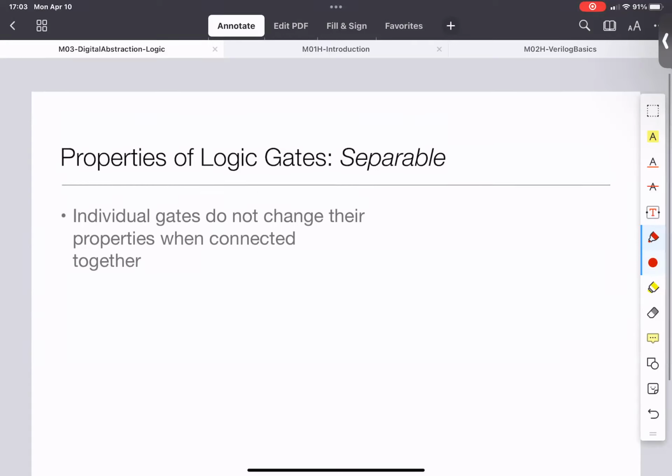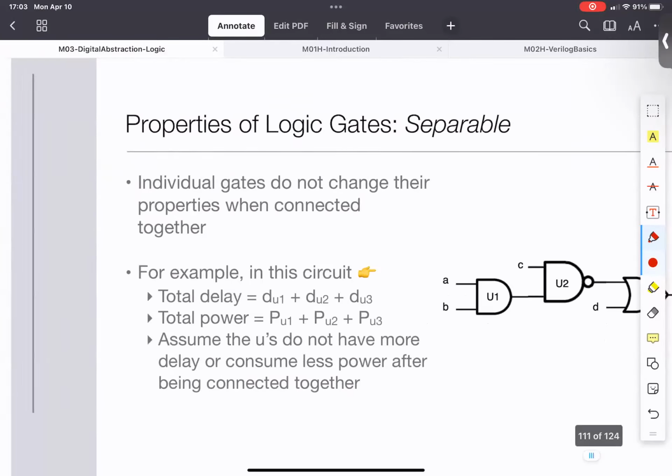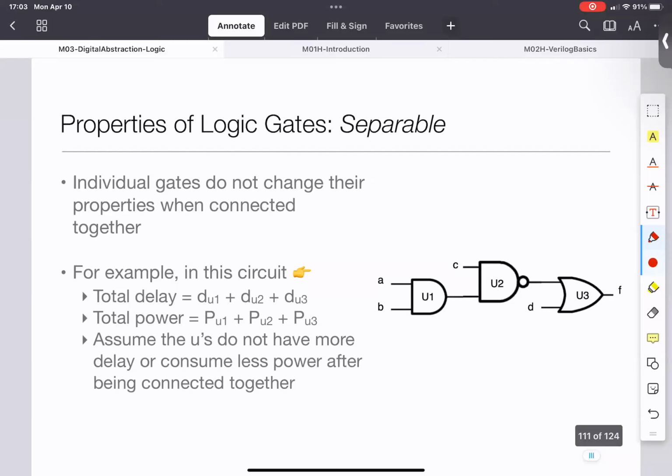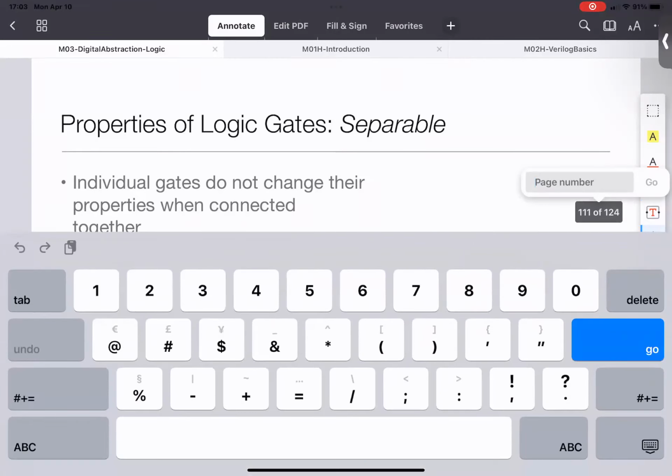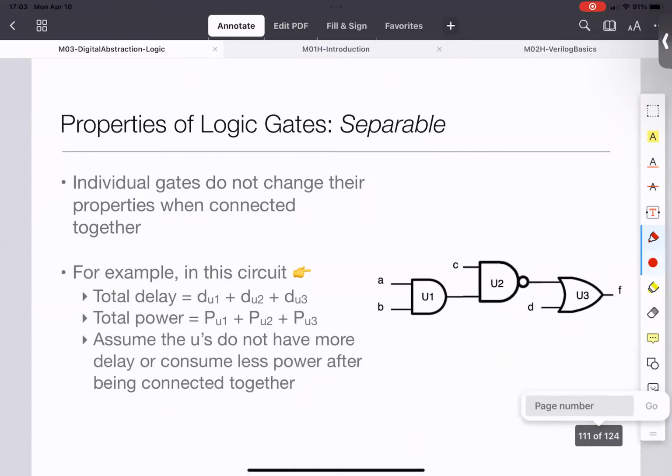Okay, so individual gates do not change their properties. For example, one property of interest, which often comes up, is that of delay. So let's say I give you a circuit where I have an AND gate followed by a NAND gate followed by an OR gate, and let's say I also tell you the delays. We'll come to this later, but let's say I tell you this one takes 5 nanoseconds.